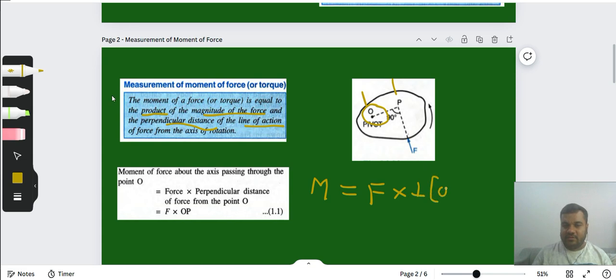Now you can denote it as OP. This is the definition of the moment of a force: force multiplied by the perpendicular distance of the force from the point O, that is OP. This is very important.